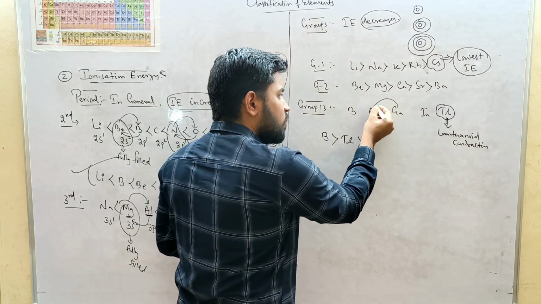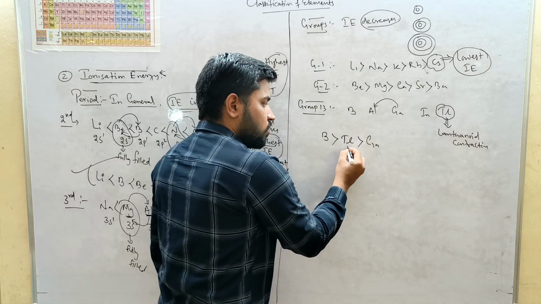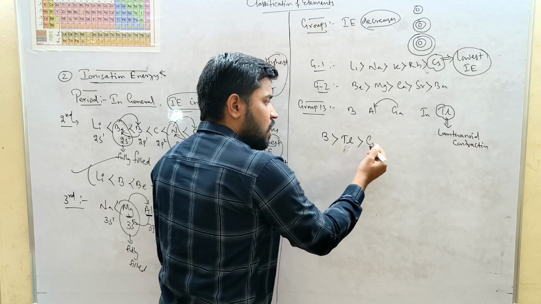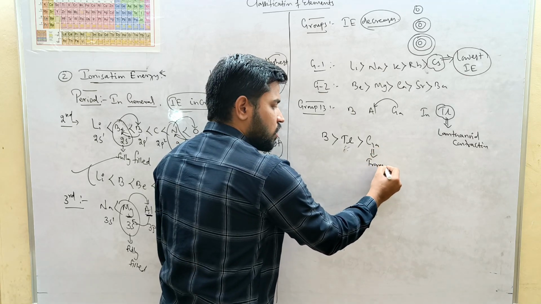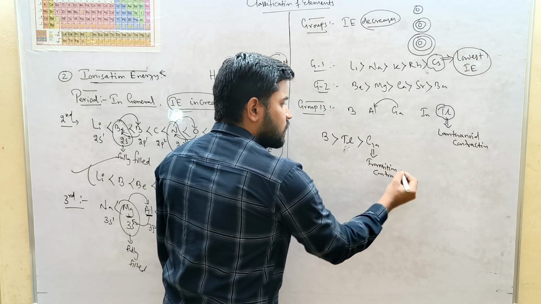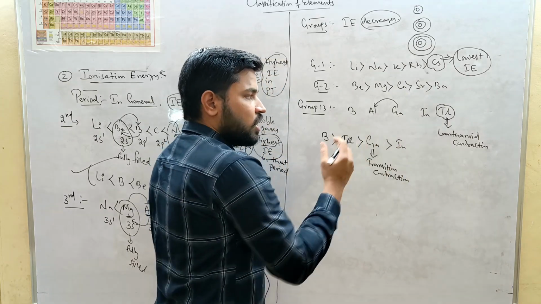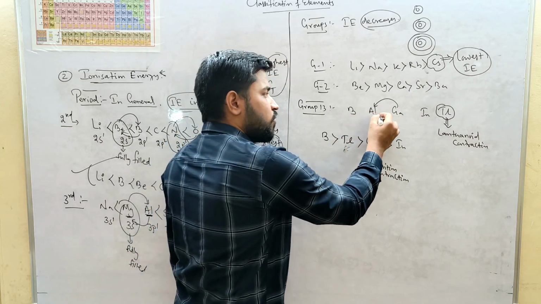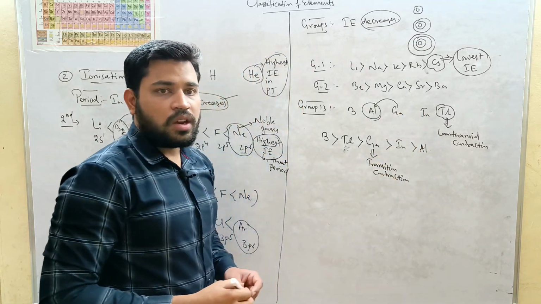Even gallium will be more than aluminium because of transition contraction. Next will come indium, which will also show the same thing. And finally at the end, who will come? Aluminium. Are you getting my point?